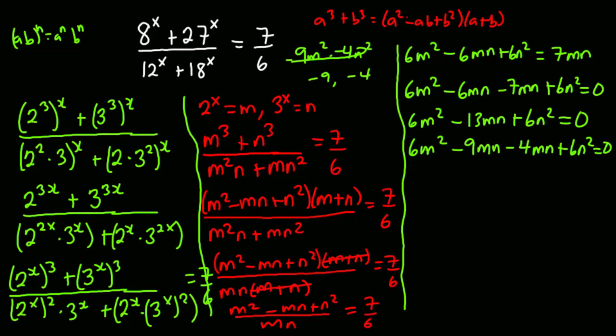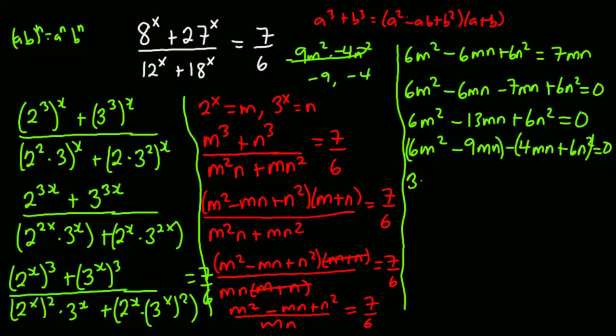And so what is going to happen here is that I can factorize. Factorizing these two, over here we can factorize 3m out.